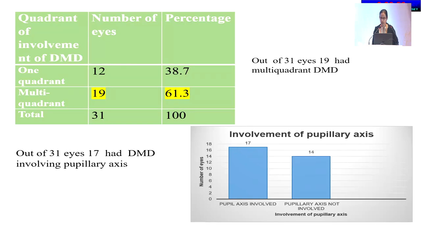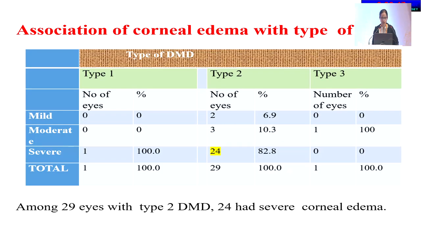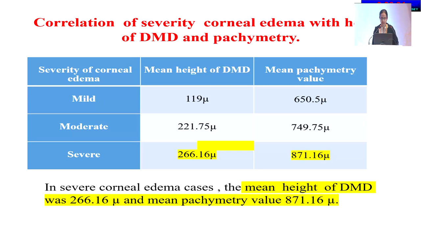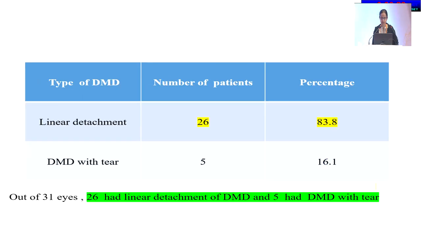Out of 31, 19 eyes had multi-quadrant DMD, and 17 had DMD involving the pupillary axis. Among 29 eyes with type 2 DMD, 24 had severe corneal edema. And among 31, 28 had uncorrected vision less than 6/60. In severe corneal edema cases, the mean height of DMD was 266 and mean pachymetry value was 871.